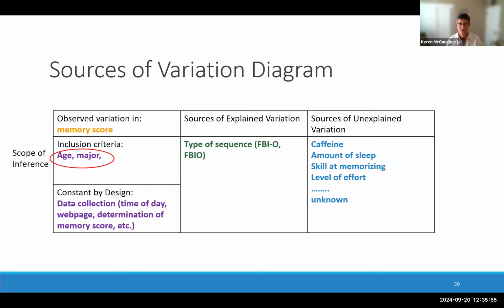So the inclusion criteria give us our scope of inference at the end when we're trying to draw conclusions, like who do these conclusions apply to? Who can we generalize to? And then the constant by design, I want my students to understand that those are really limitations of this study.